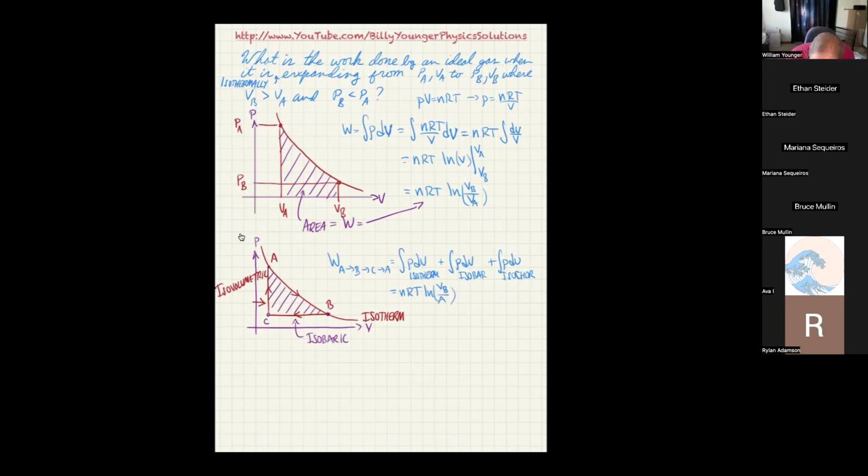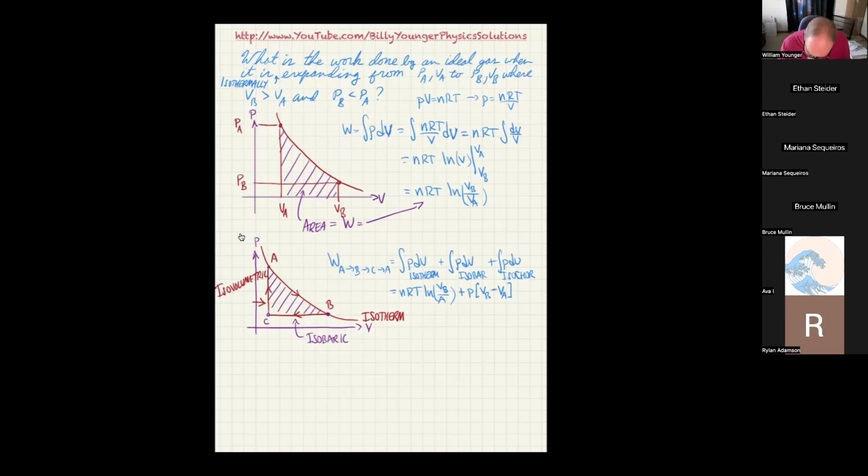for that first term. And then for the second term, notice the P is a constant, so that becomes plus P times, now it's going to be VB. And notice VC and VA are the same thing. So I'm going to say VB minus VA.